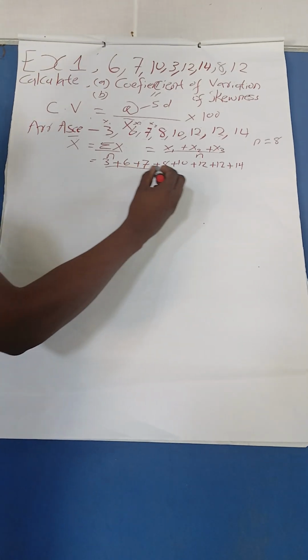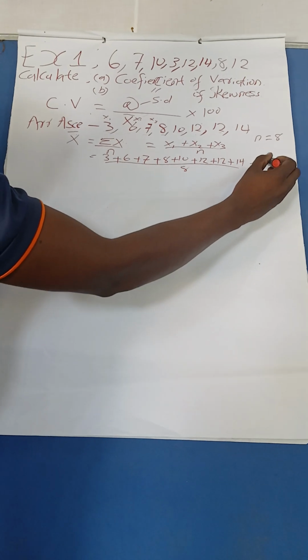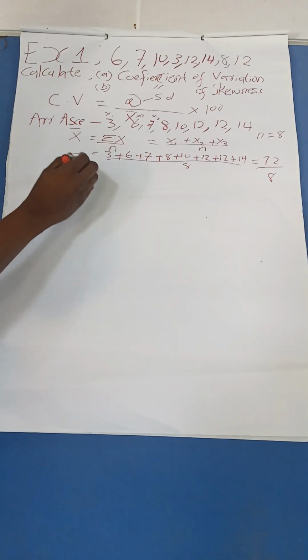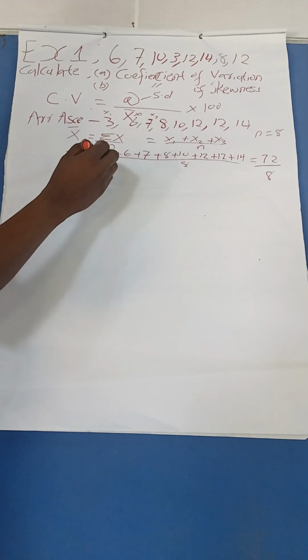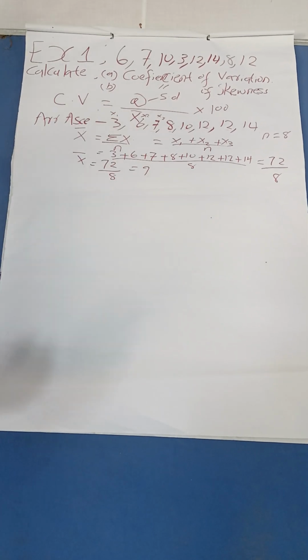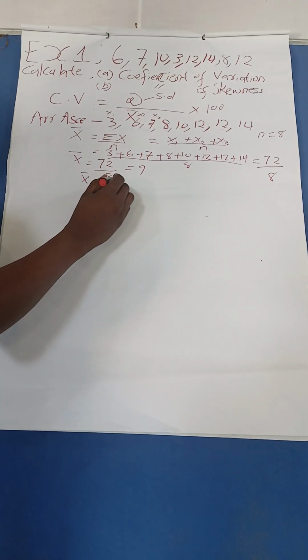The total becomes 72. I divide by 8, so my mean is 72 divided by 8, which is 9. So I write comfortably that my mean is 9.